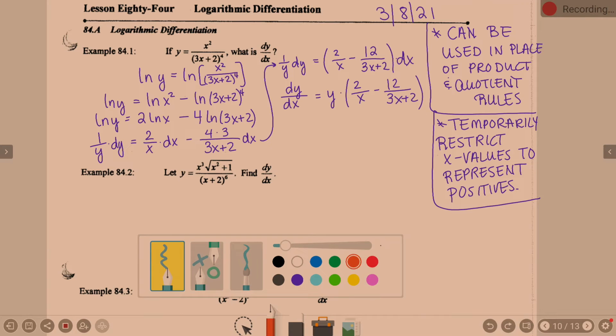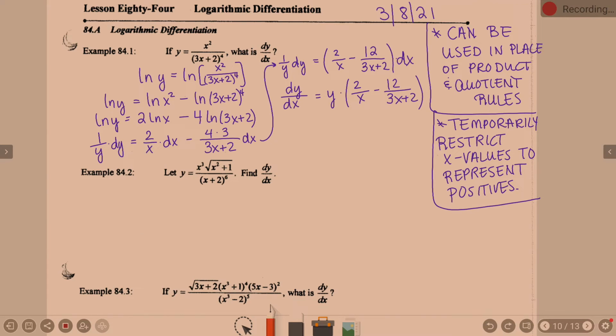We want the derivative of y with respect to x. So my answer should all be in terms of x. And we have a y thrown into the mix. Now, the thing is, it's just a plain old y. What do we know about y? It equals x squared over 3x plus 2, to the fourth. Y was originally defined as our original function, x squared over 3x plus 2 to the fourth.